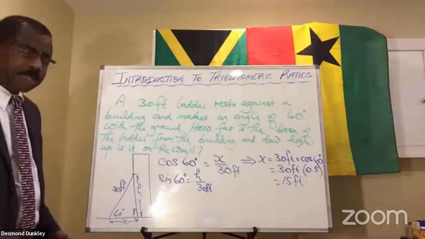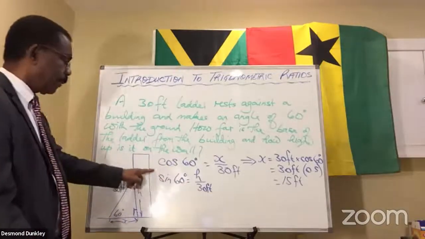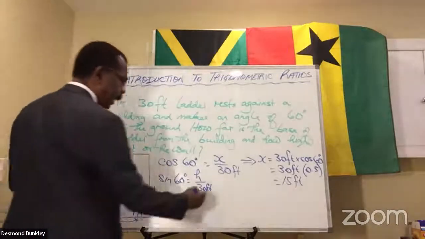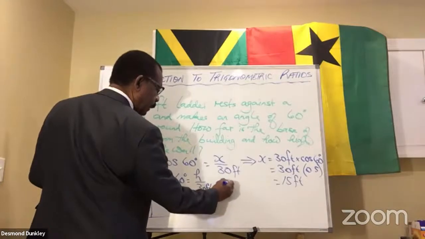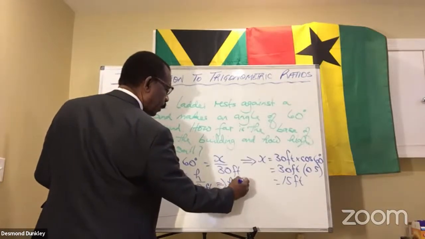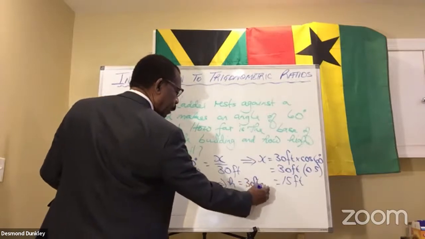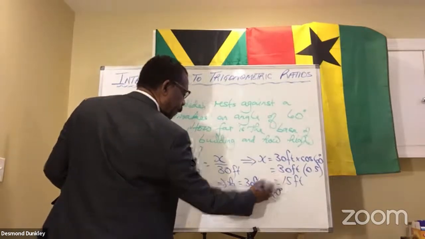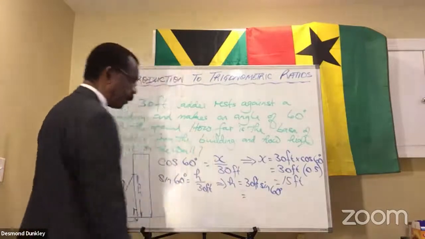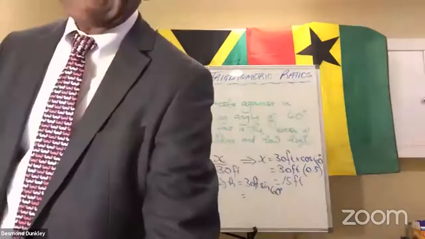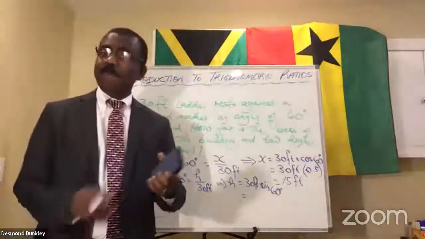So it's the same dance, multiply both sides by 30 feet, and that gives us h, which means that h is equal to 30 feet times sine of 60 degrees. And sine of 60 is about 0.866.